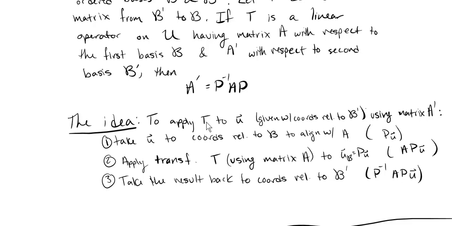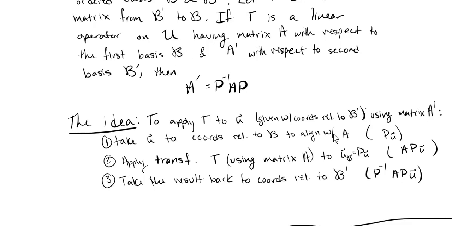The idea is that in order to apply T to an element U given with coordinates relative to B prime, so that's this A prime matrix we're searching for, what would we really have to do to this U? First thing we would have to do is take U, given in coordinates relative to B prime, over to coordinates relative to B, because B is the basis that A is already relative to.